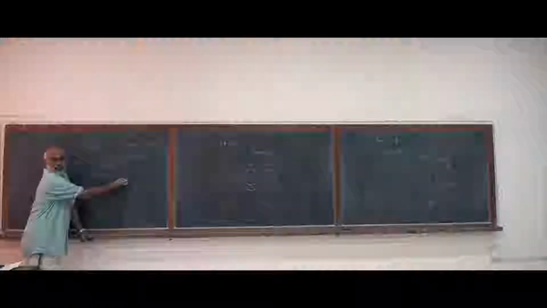Because there is no other, say x dash, such that x dash is also related to y. If that happens, then x dash is equal to x. So this x is unique. So there exists a unique x in A such that f of x is equal to y. So for every y in B, there is a unique x in A which is mapped to y.